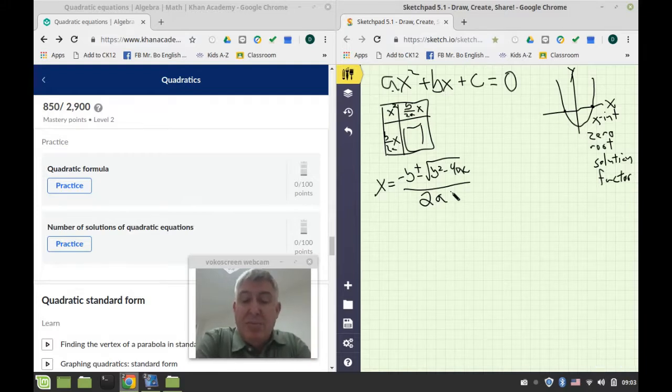So it's negative b plus or minus square root of b squared minus 4ac all over 2a. Negative b plus or minus square root of b squared minus 4ac all over 2a.